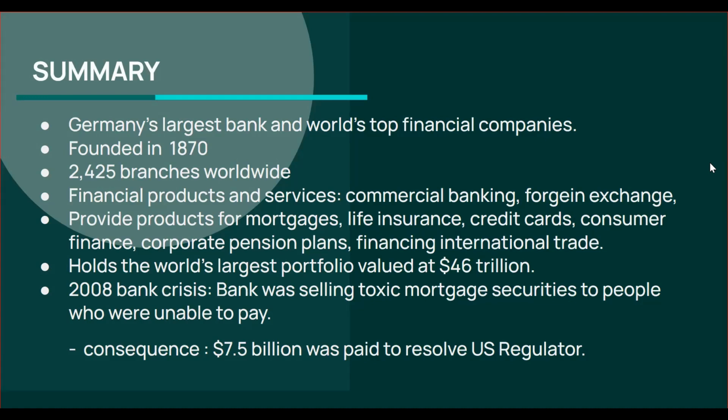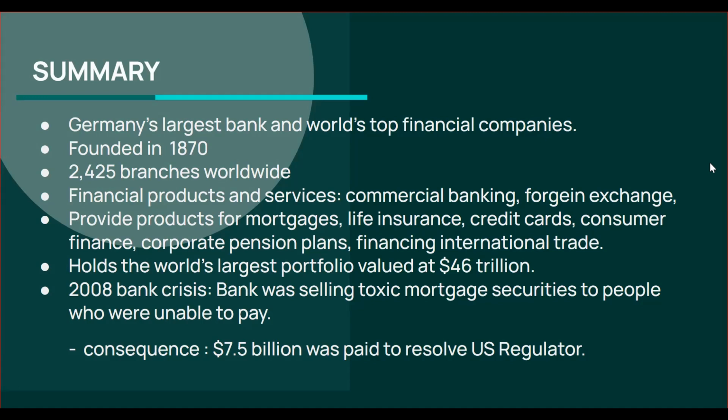So the bank was doing great until the 2008 financial crisis, where the bank was selling residential mortgage securities to people who were having financial difficulties, and many of them were unable to pay when the bubble burst in 2007.